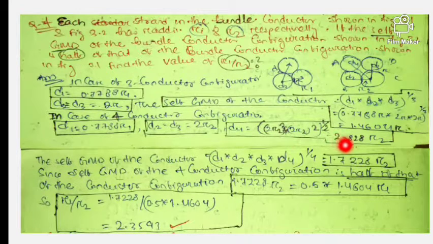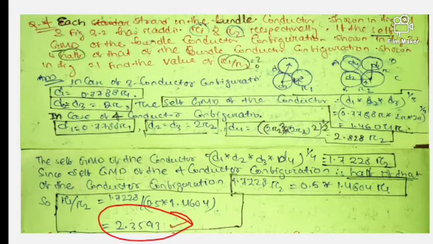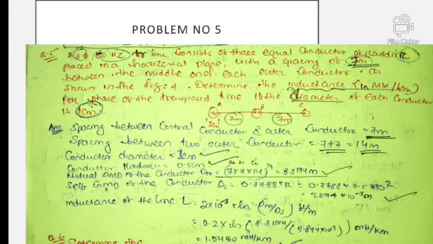D4 is equal to 2.88 R2. For self GMD of this figure, this is 1.460 R. For self GMD of this figure, that is 1.7228 R2. So equating this term, then you will form R1 divided by R2 is equal to 2.3593.